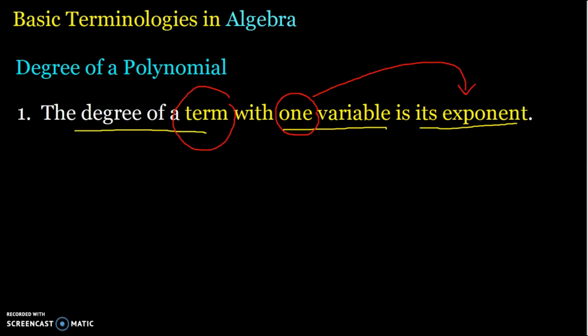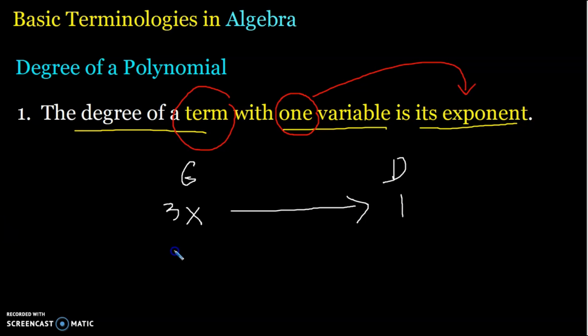I'll write g for given and d for the degree. If we have 3x as a polynomial, it has one variable, and the exponent of the variable x is 1 here. So its degree is 1.